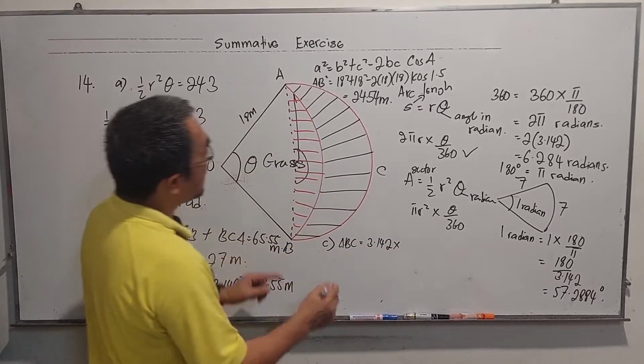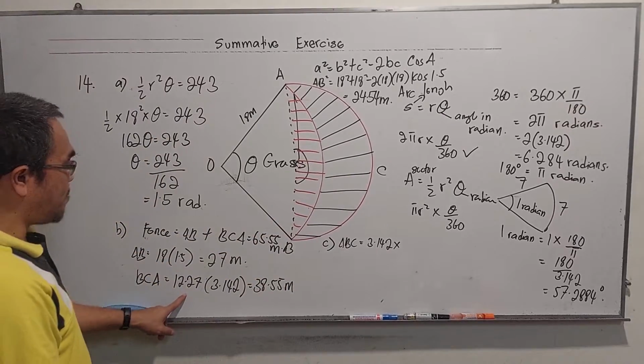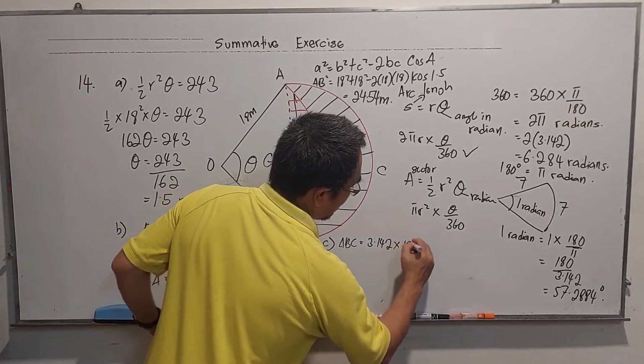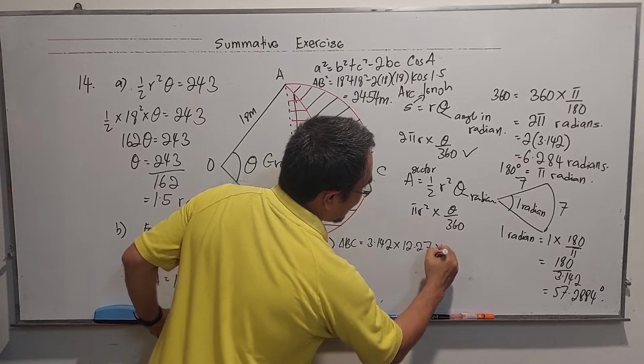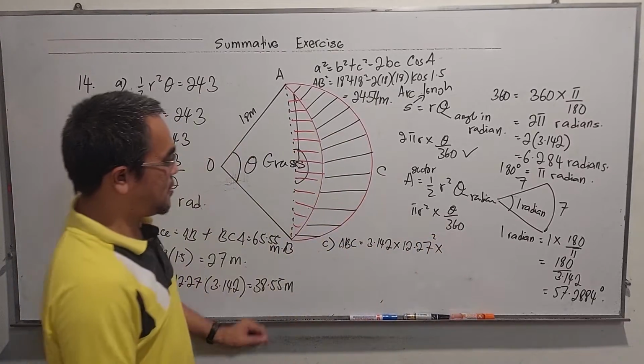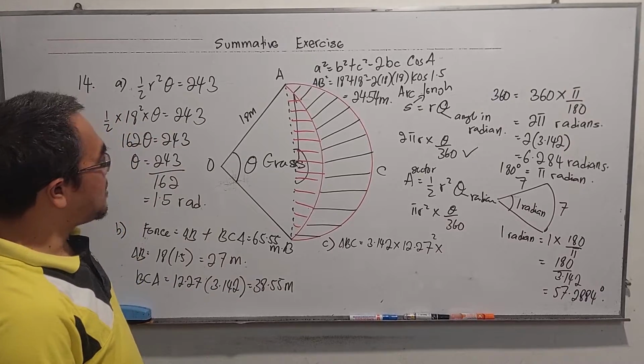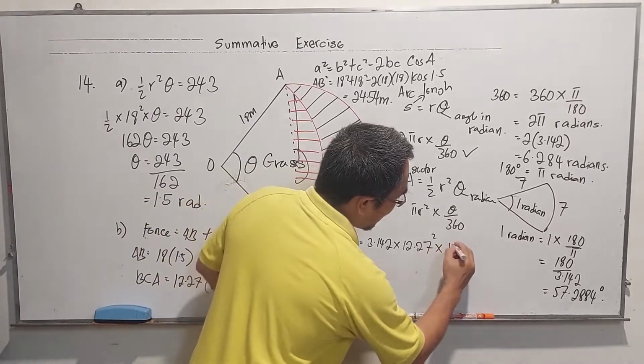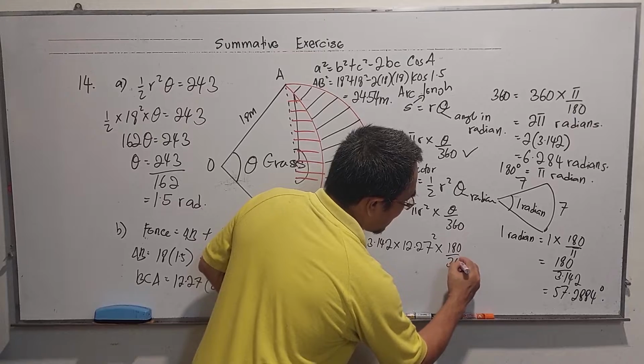Times r squared, where r is 12.27, times the angle 180 over 360.